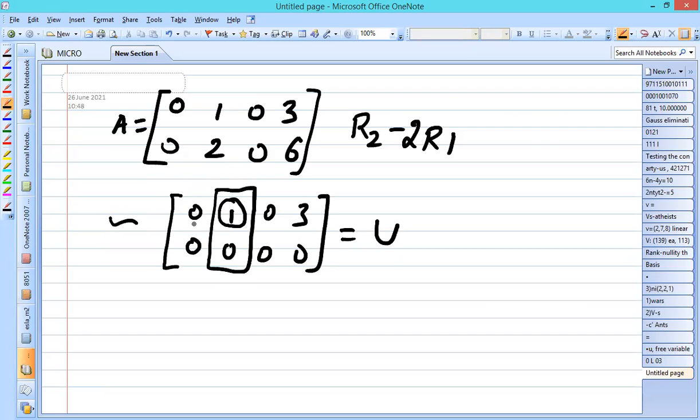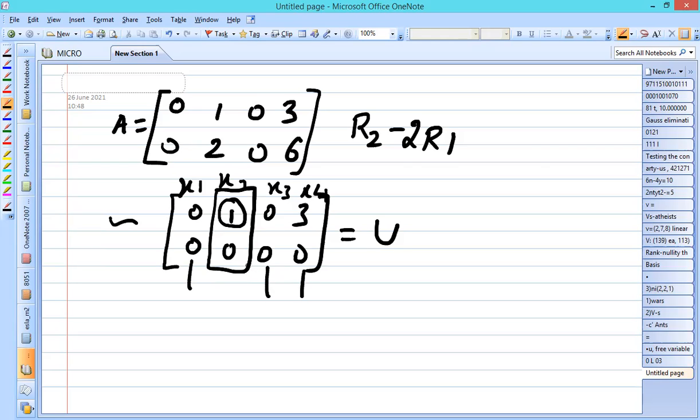Whatever the four columns you are going to see here, they correspond to the variables x1, x2, x3 and x4. Whichever column the pivot is present in, excluding that, the remaining variables will be treated as the free variables.